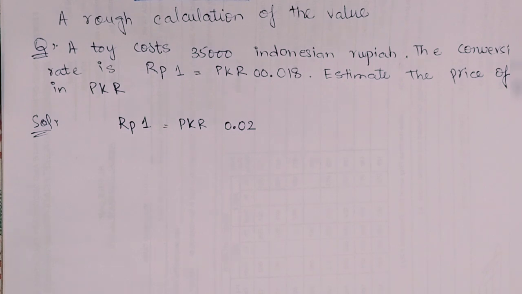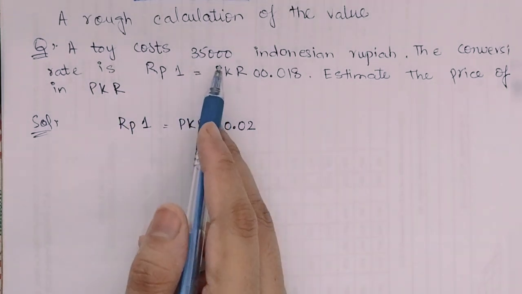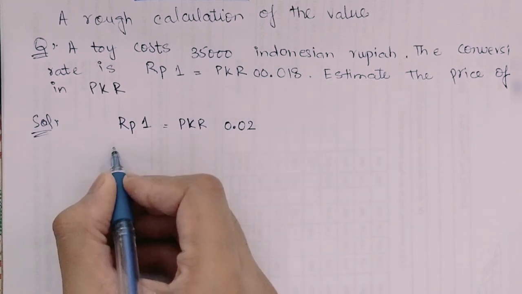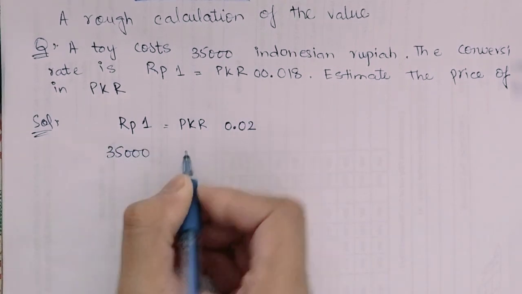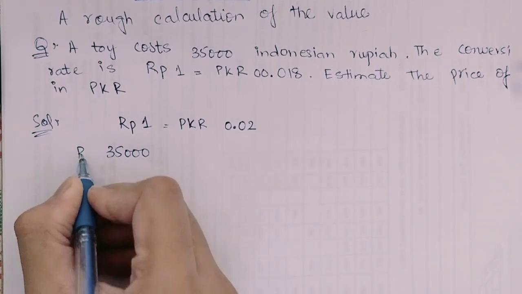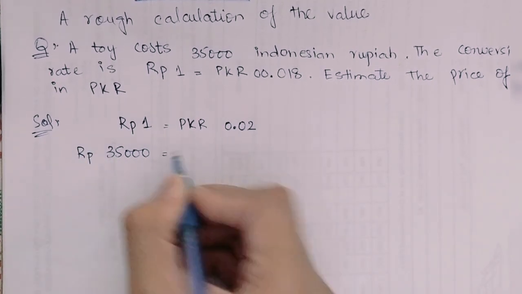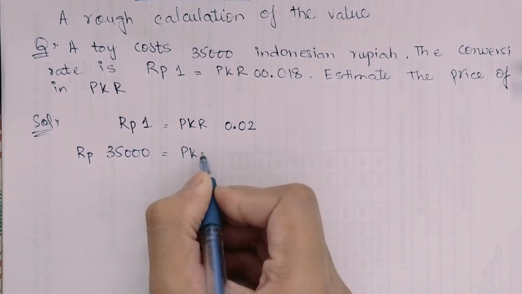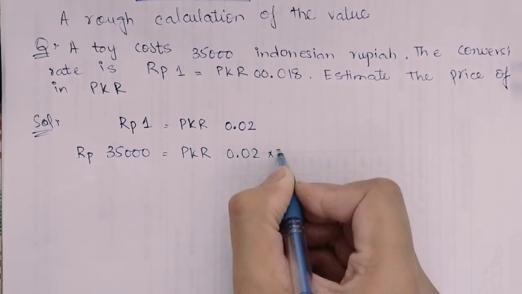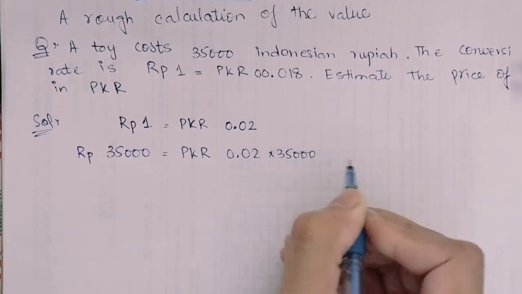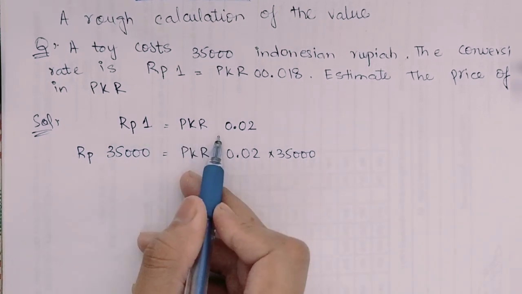Now the simplification is easy for us because the toy costs 35,000 Indonesian rupiah. So I have to multiply by 1 with 35,000. It becomes 35,000 Indonesian rupiah, and to find the value of PKR we have to multiply 0.02 by 35,000 because you have to multiply both sides.